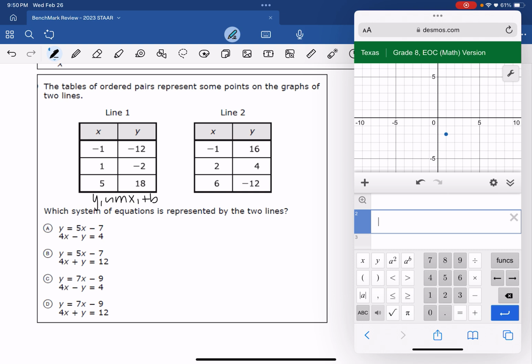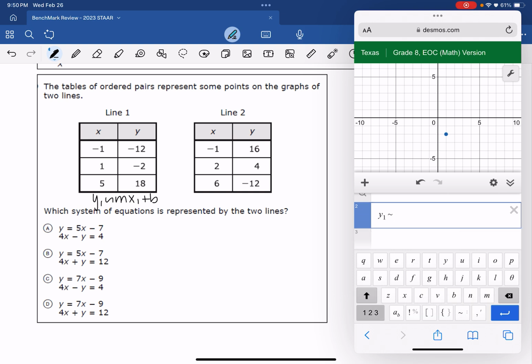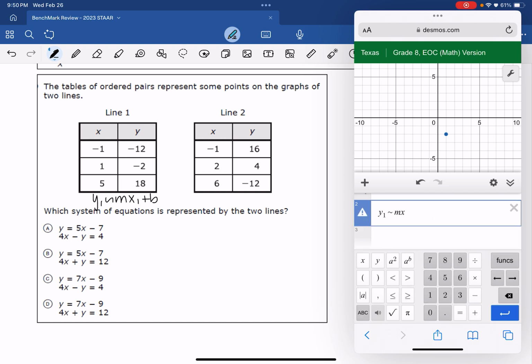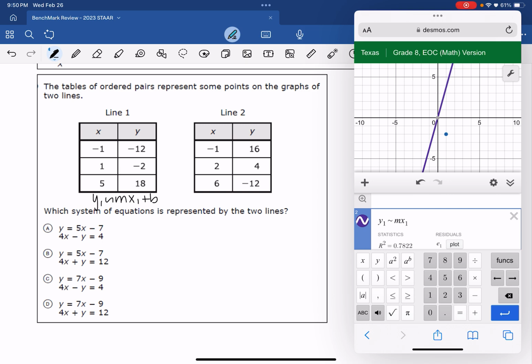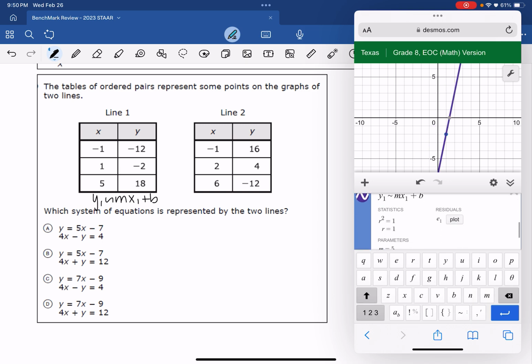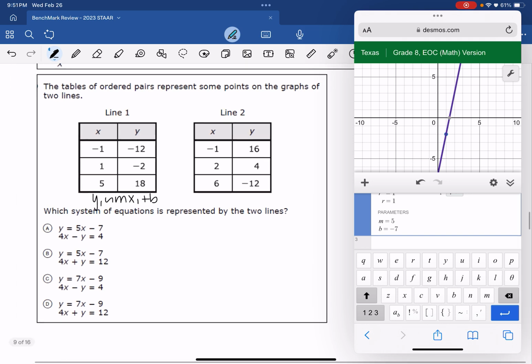So y1, squiggly line, mx. And it gives you that your line 1 is y equals 5x minus 7.